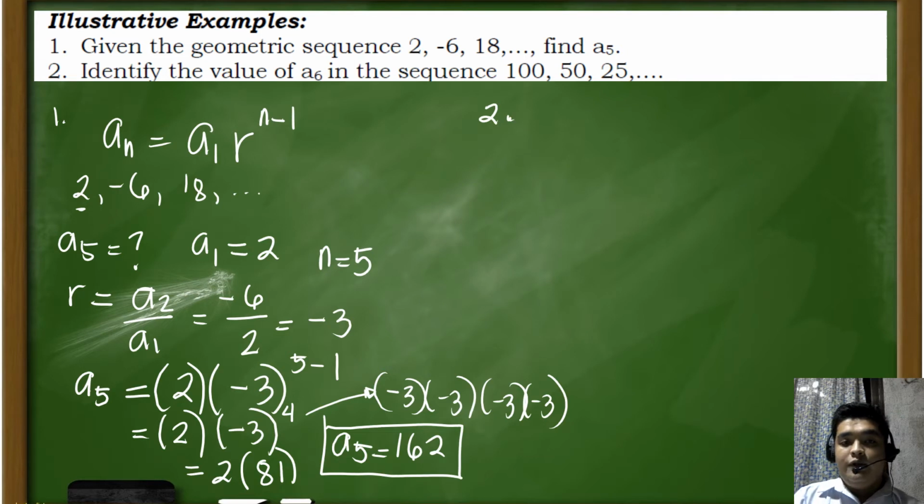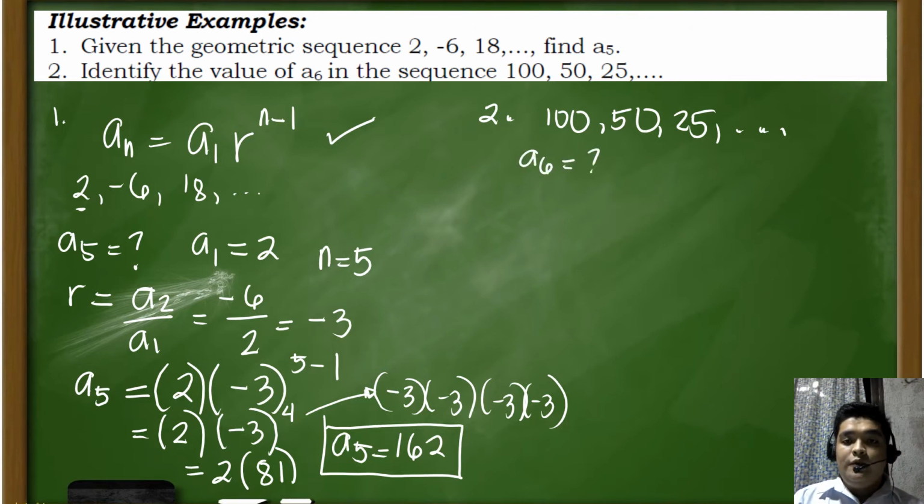Let's proceed to our second example. Again, this is the formula. Our sequence is 100, 50, 25, and so on. We need to find a sub 6, the unknown.